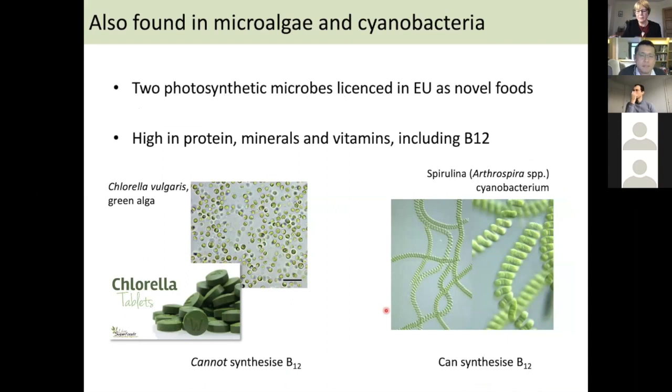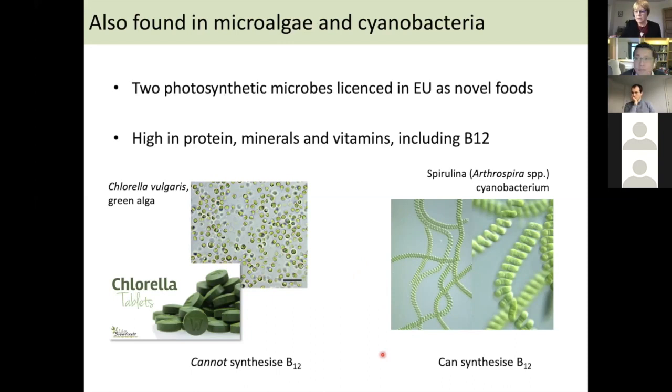Remember I said cyanobacteria are not really algae biologically, but they're functionally classed as such. And this is sold as spirulina. So you might be familiar with that. It's actually got this beautiful spiral filamentous structure. So both of these organisms have high protein content, high mineral content, and many vitamins, including B12.